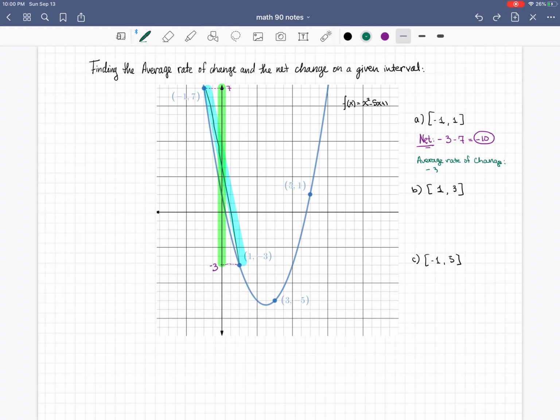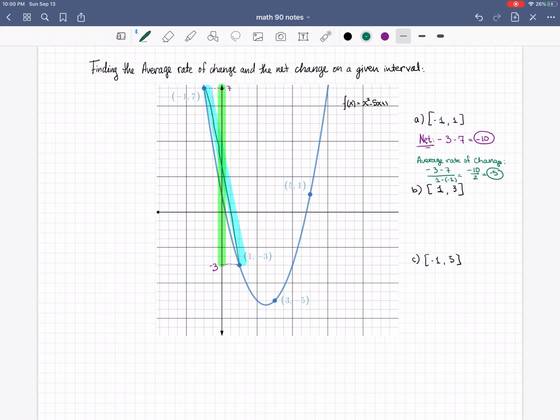But what we have here is negative 3 minus 7 over 1 minus negative 1. So that's negative 10 over 2. So that's negative 5. Okay? Now, I always personally find it to be more intuitive to talk about this in terms of the holistic picture. The value of this function fell from 7 down to negative 3. So the value fell 10 units.